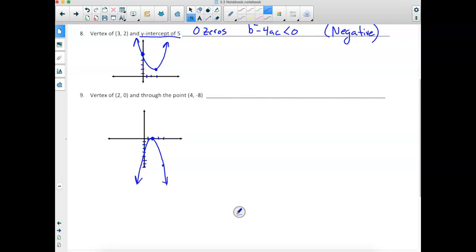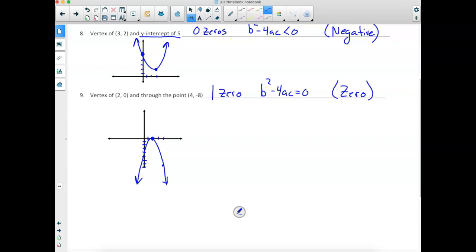I don't know if it's the right graph. I know the vertex and that point are right. Okay, so what does that mean? 1, 0, which means b squared minus 4ac equals 0, which means the discriminant is 0.